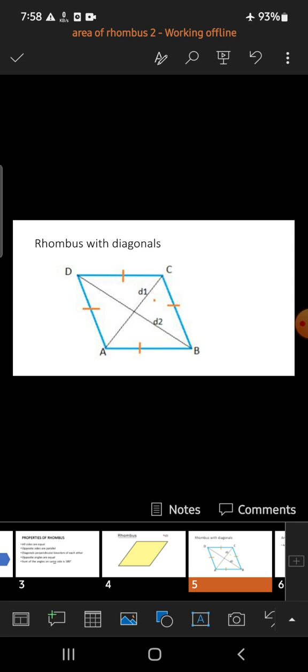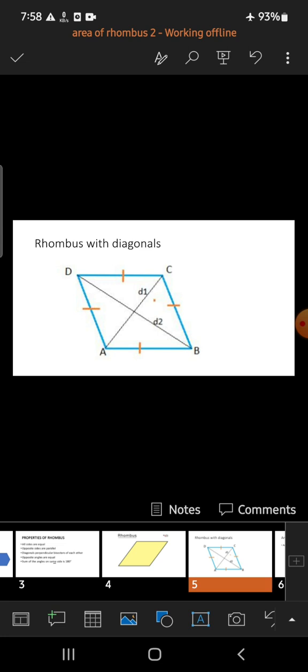Hence, what can we say about these perpendicular bisectors? They divide the diagonals into equal parts, isn't it? So, D1 is divided as D1 by 2 and D2 is divided as D2 by 2 and they are equal also. So, what we get from this?